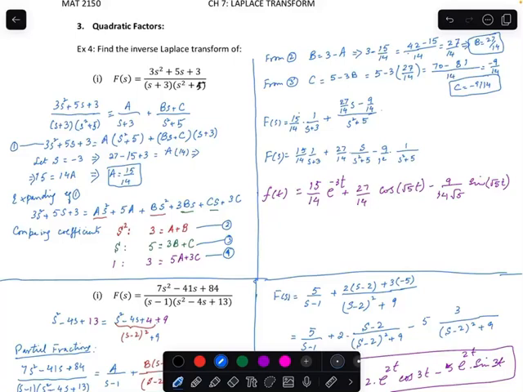So there are two types of cases here. In one case, the quadratic factor is of the form s squared plus a squared, which cannot be factored. And so how do we find the partial fraction decomposition for that type of problem?